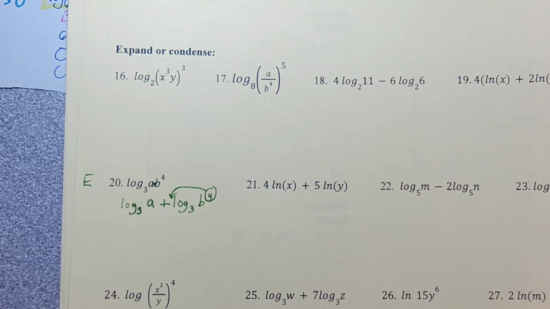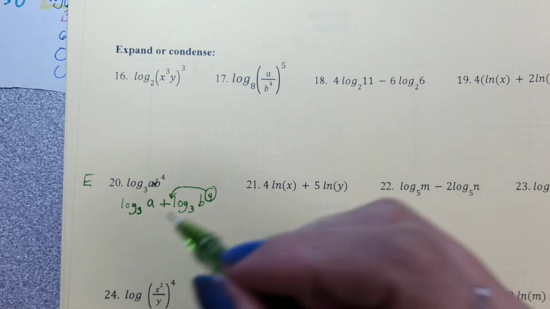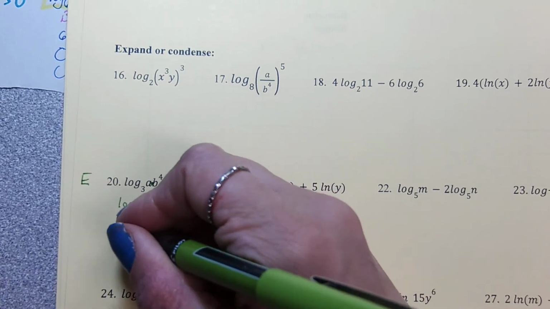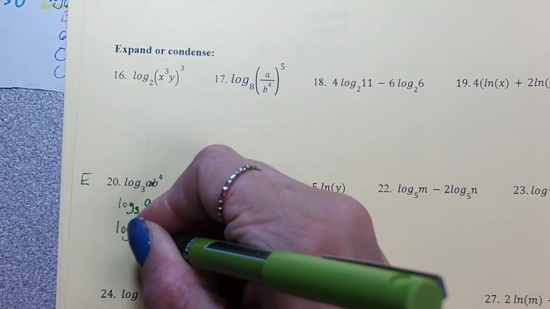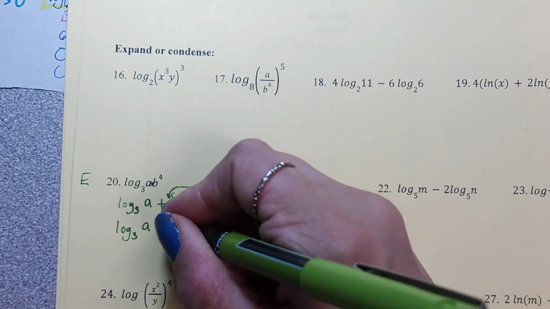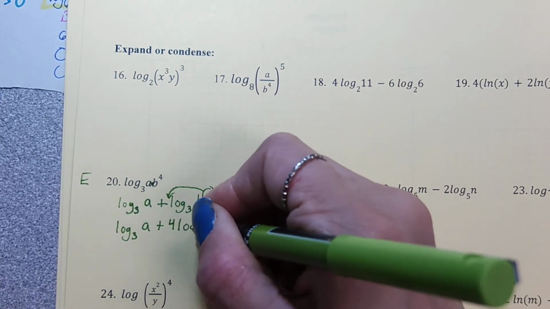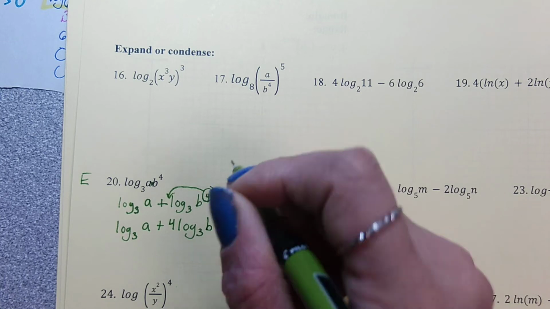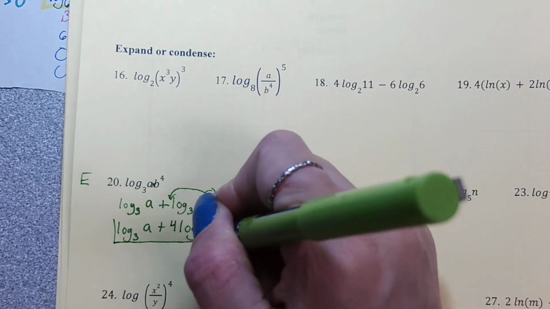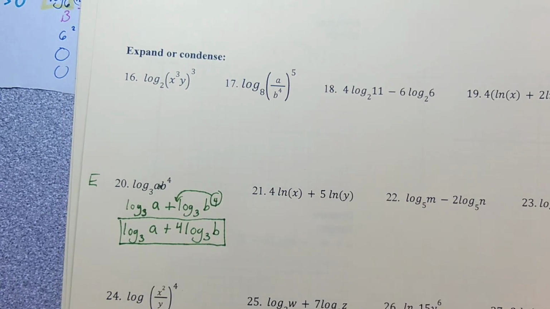Right now that exponent is floating up in the clouds. We want to bring it to the land or ground level. So log base 3 of A plus 4 log base 3 of B. So operation between the answer parts and then handle the exponents.